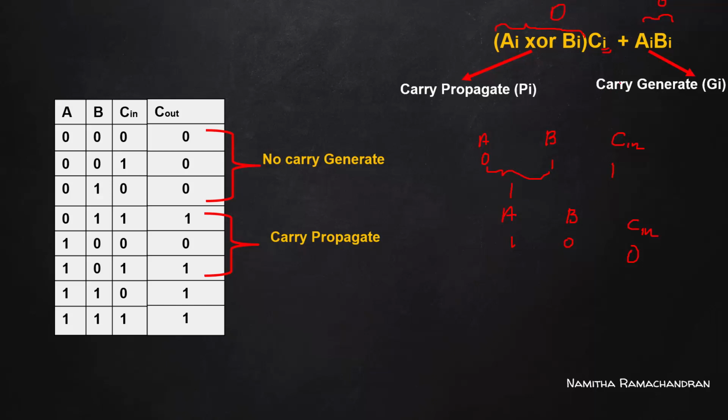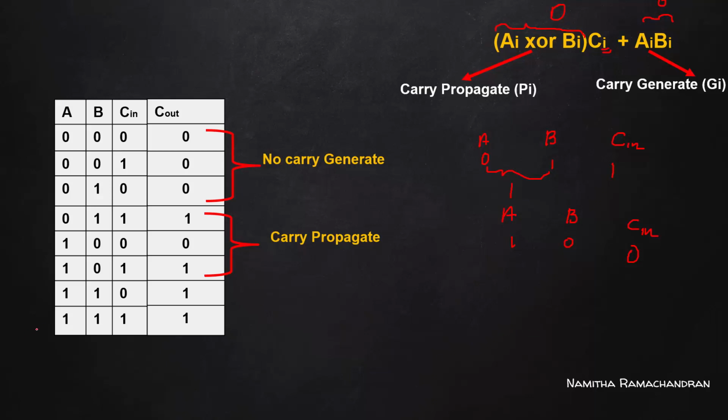And here Ai and Bi, A is 1 but B is 0, so Ai and Bi become 0. 0 or 0 is 0 only. So whatever value is present as a carry input to this full adder is directly propagated to its carry output. This is due to this Ai XOR Bi term. Here it is 1. Carry propagate term becomes 1. Due to this, whatever value is present for this Ci will propagate to the next level.